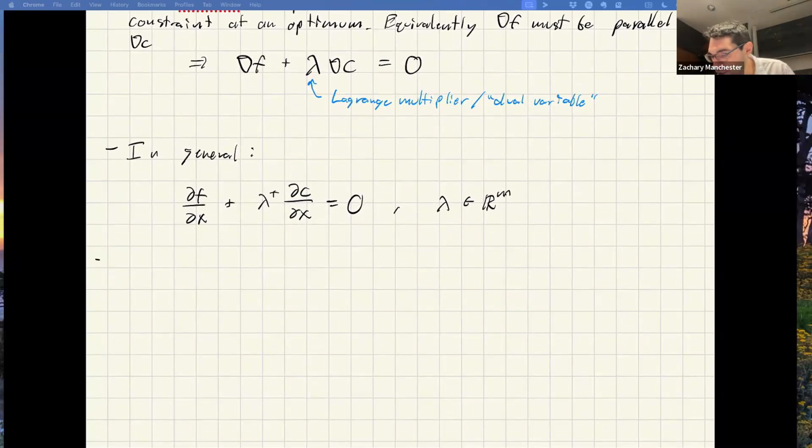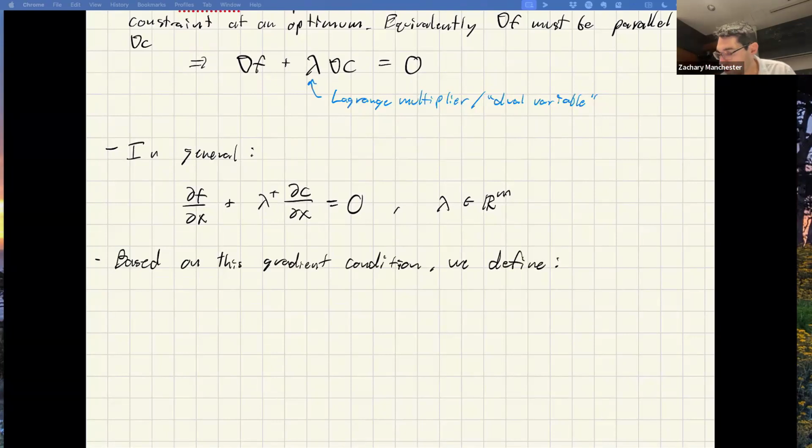And then based on that condition, we're going to just make some stuff up. So based on this gradient condition, we're going to define this other function called the Lagrangian.